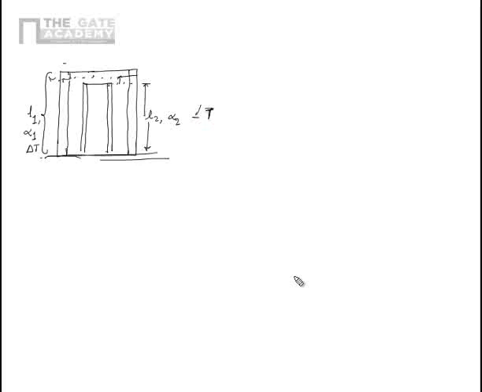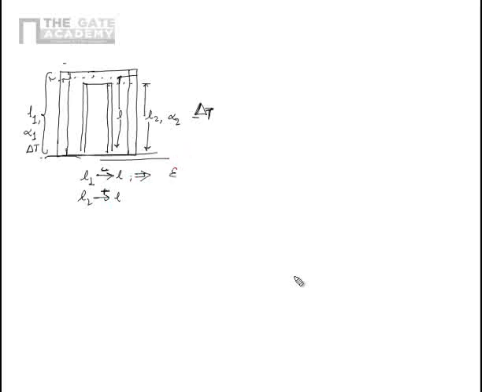Okay, so let's solve this problem. It's a simple problem. Let's say that the final length of both of them is equal to L. So L1 decreases to L, this goes down, and L2 increases to L. So this means decrease and this means increase. What will this mean?